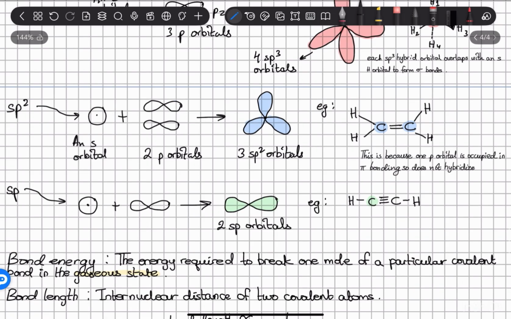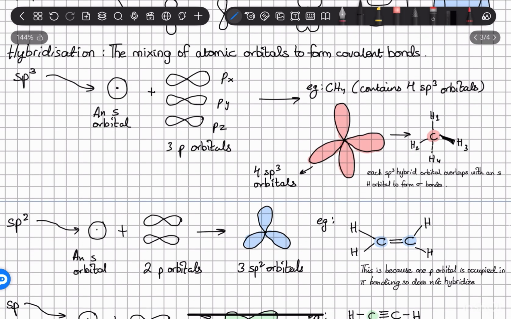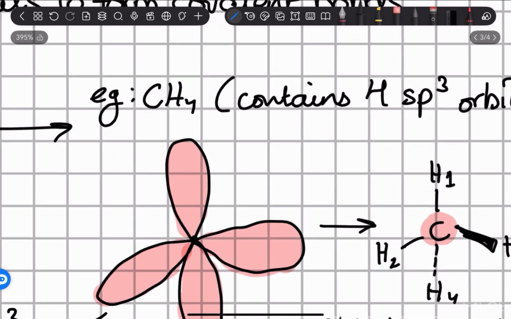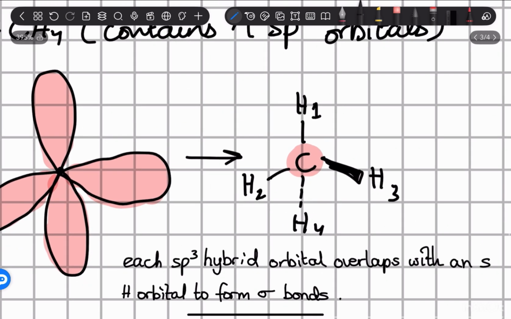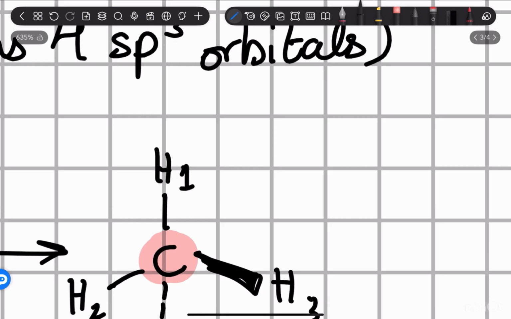The trick is that, I'm going to use CH4 as an example. In CH4, you can see that there's 4 bonds. So there's 1, 2, 3, 4 bonds, right? When we're determining hybridization, there's this formula that I like to use.